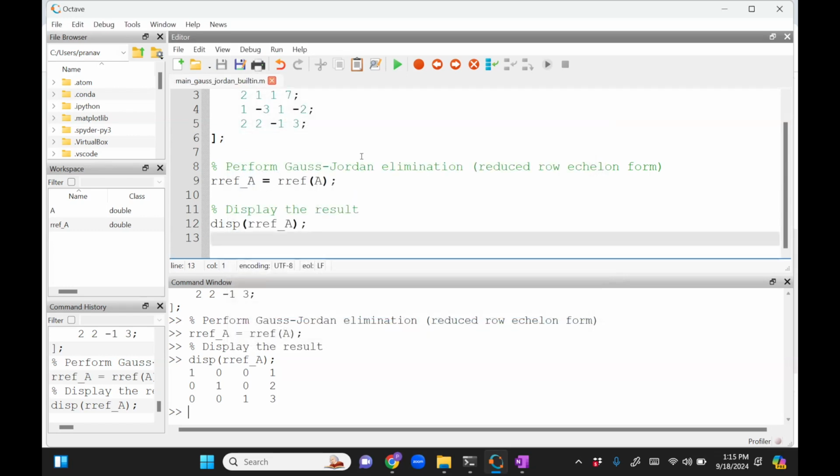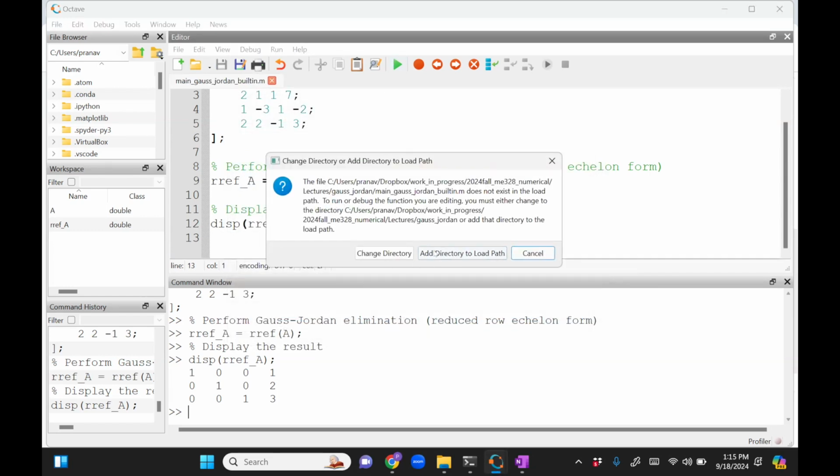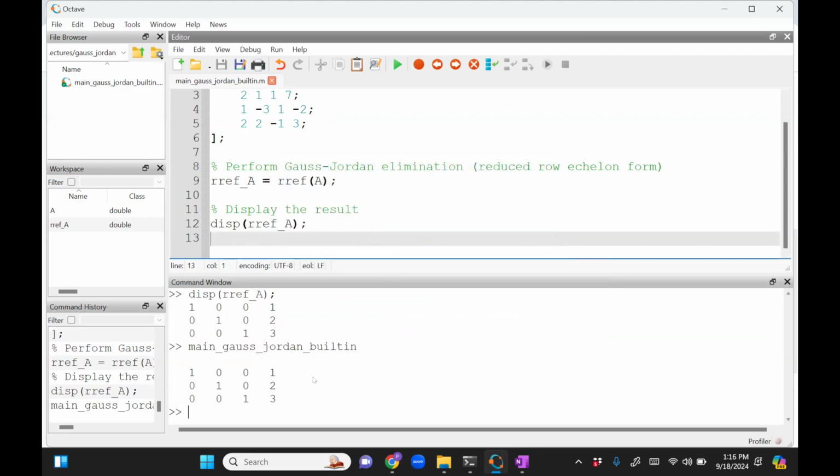It's just saying it's a built-in command. So I think I just happened to run this code. What this command rref does is reduce to reduced row echelon form. That's what it's called. And then you can actually read off the answer. It's 1, 2, and 3. Okay, so that's one way of doing it.